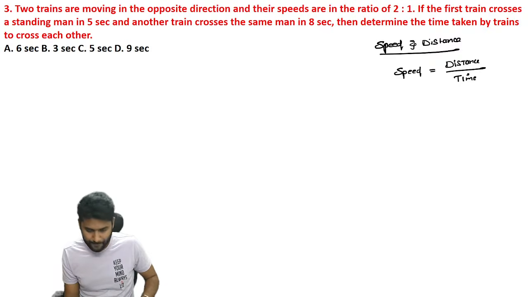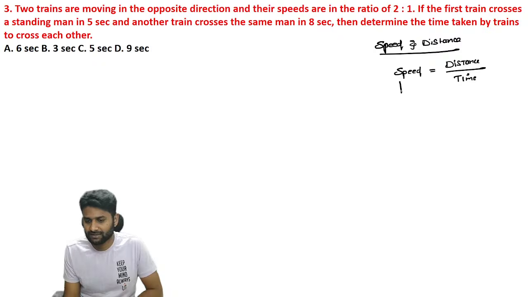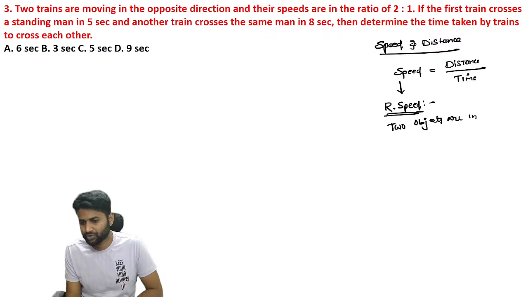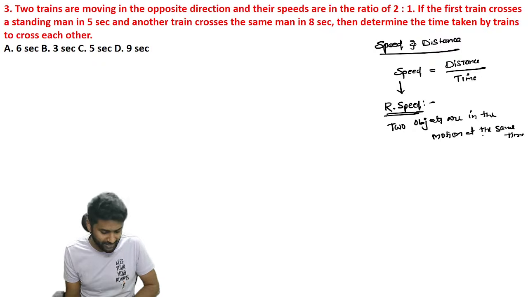Understand this theory. First of all, we should understand what relative speed is. Relative speed is all about two objects. If two objects are in motion at the same time, it is a concept of relative speed.